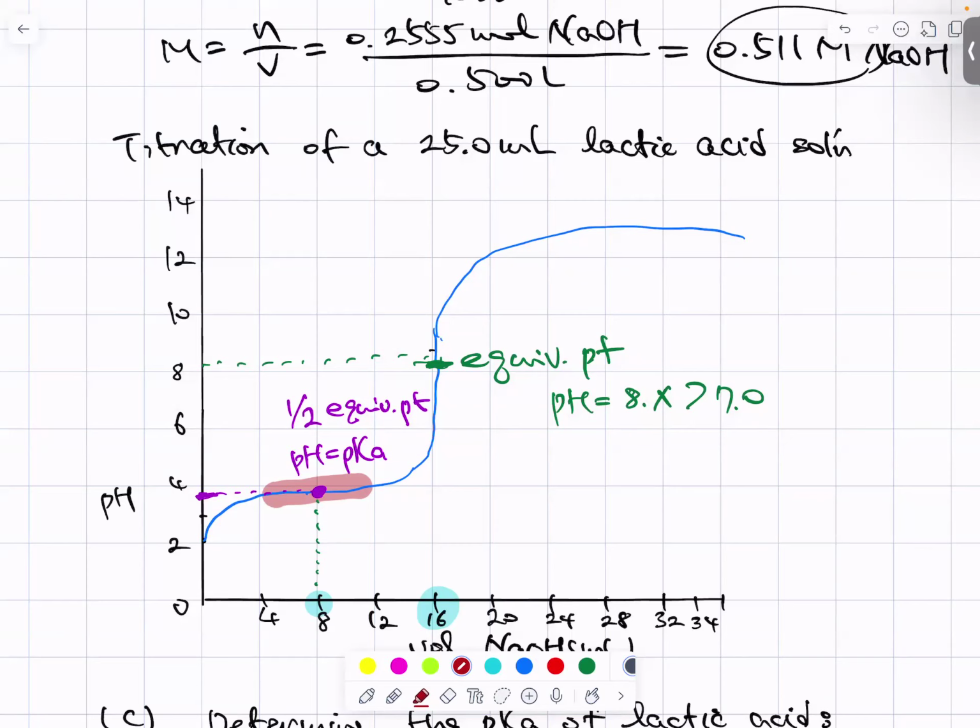When the amounts of weak acid and conjugate base are comparably present, we call this a buffer solution. So around the half equivalence point, it is a buffered region, and we can apply the buffer equation, which is the Henderson-Hasselbalch equation. All right.